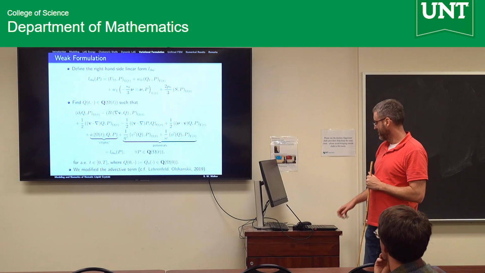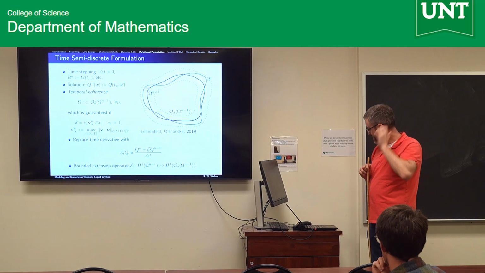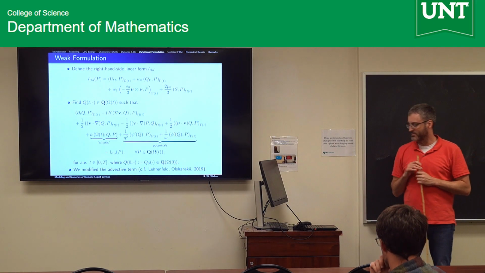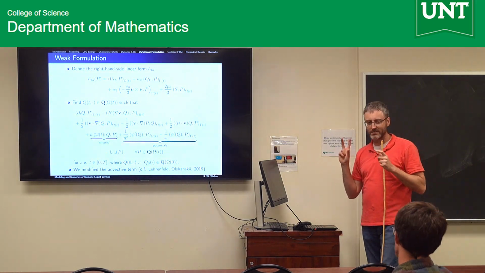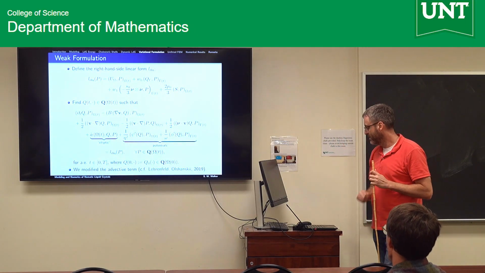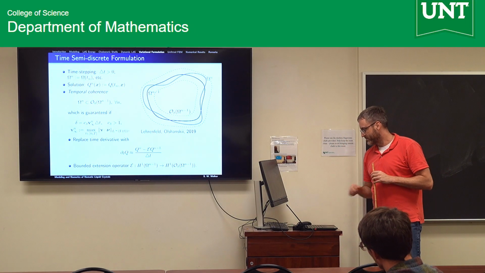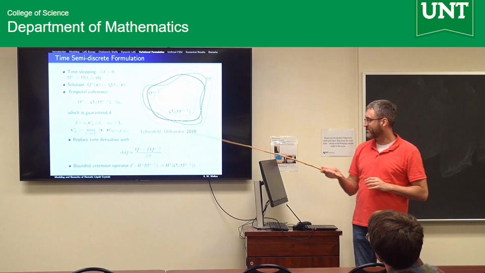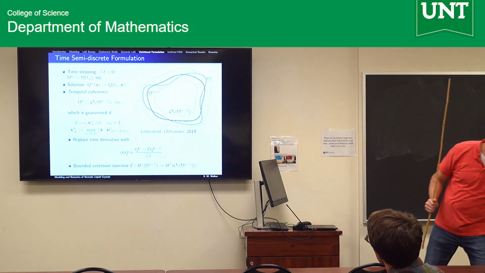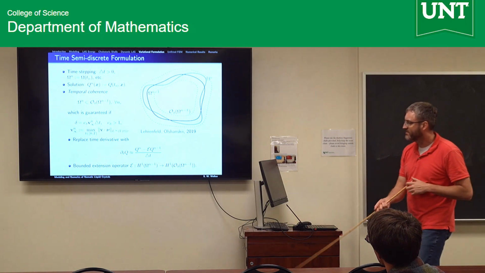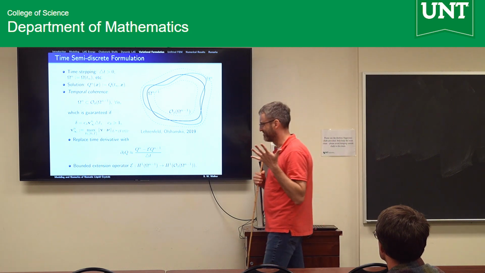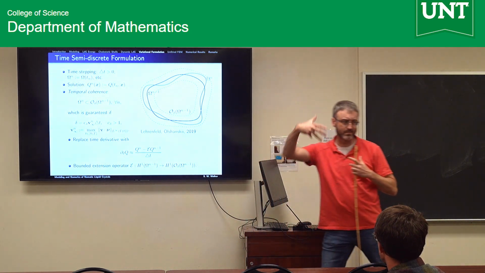So you can show that this system has a solution by more or less standard PDE techniques. So to get a numerical method, I'm going to discretize in time first. And I'll just give the highlights here. So I have a domain that's changing.